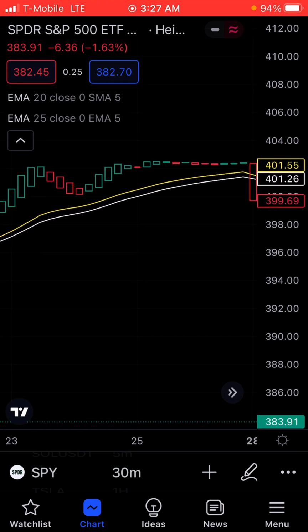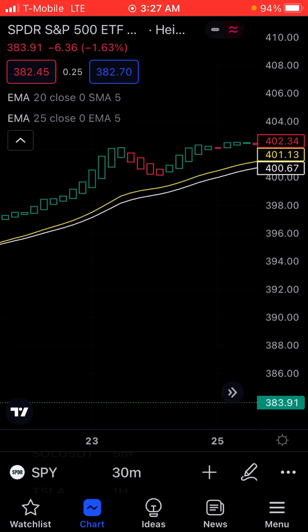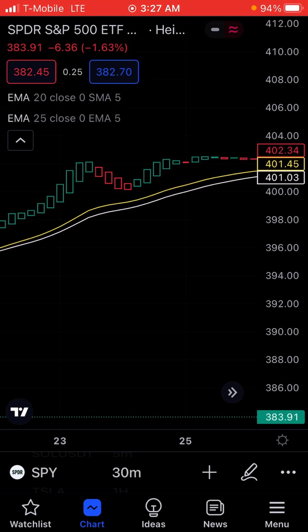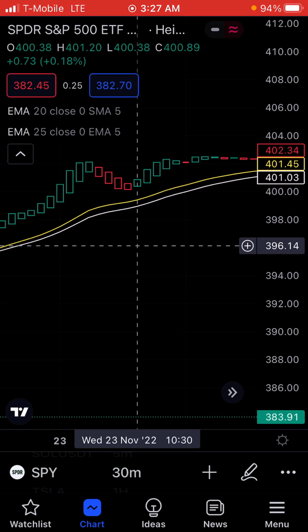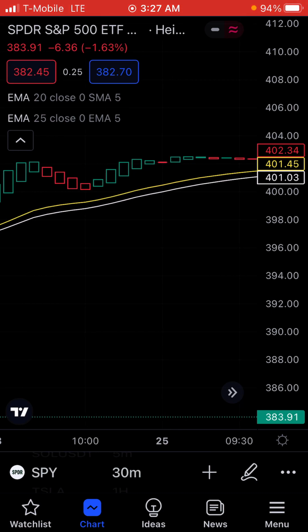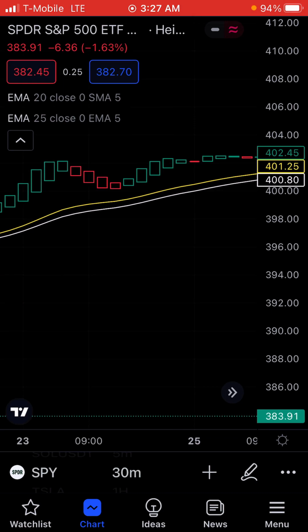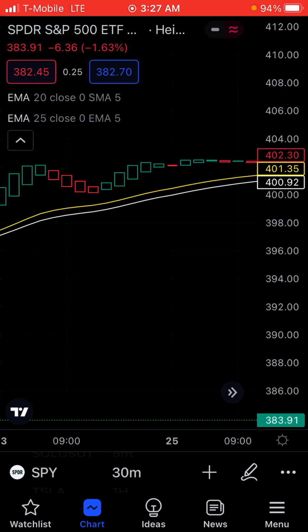With this strategy you're going to have to zoom in really close. If you see the lines going straight, and the 20 EMA, the yellow line, is above and going straight, then it's an uptrend, and the candles are going to go in an uptrend. If the 20 EMA is below going straight, it's a downtrend.